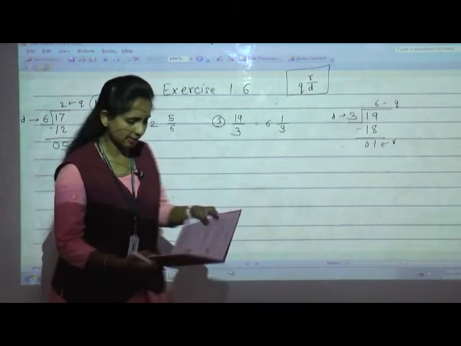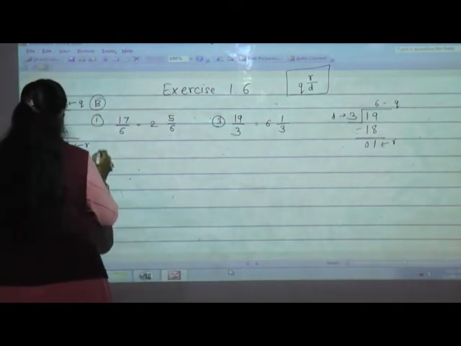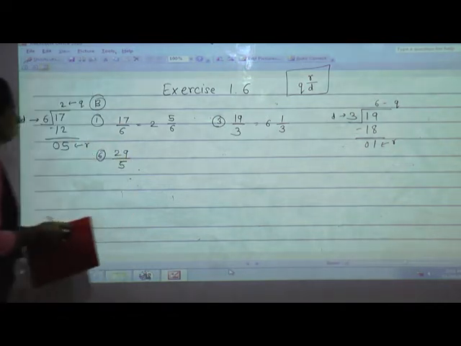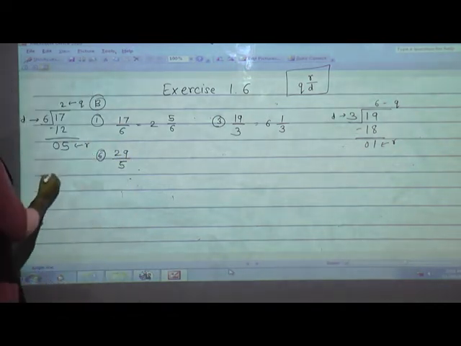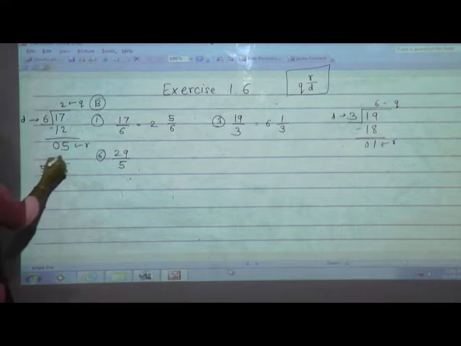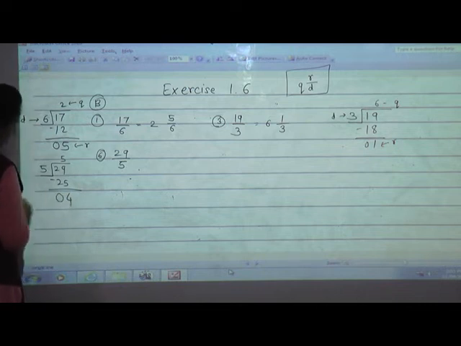Clear? Now next example. Now I will solve sixth one for you. What is the sixth one? 29 upon 5. Now do the rough work. Without rough work you can't do. Now see, in 5 table 29 is there? No. 5 5s are 25. 9 minus 5 is 4, 0.